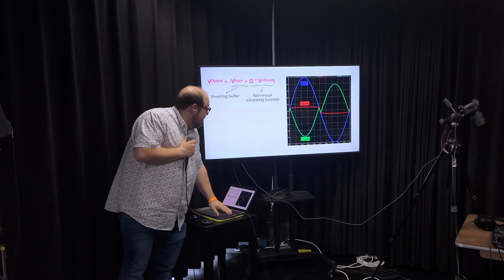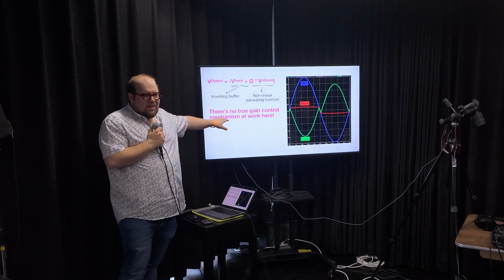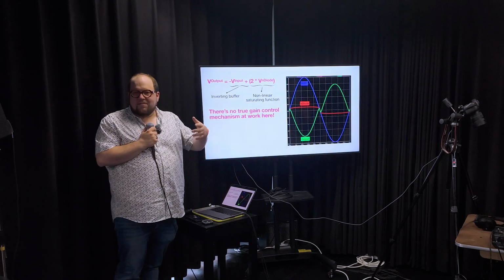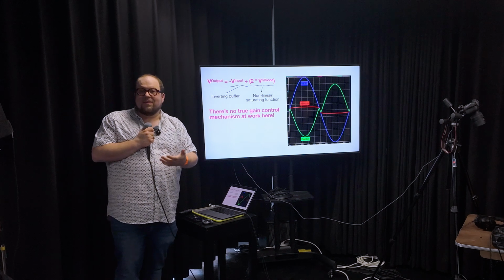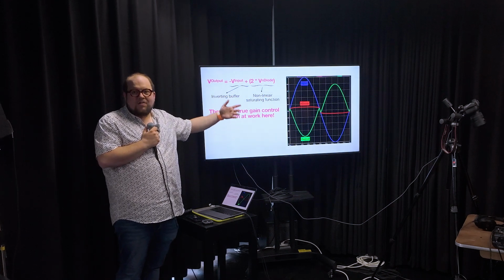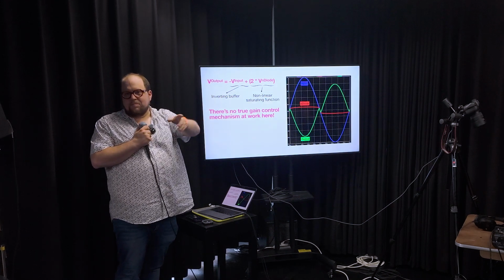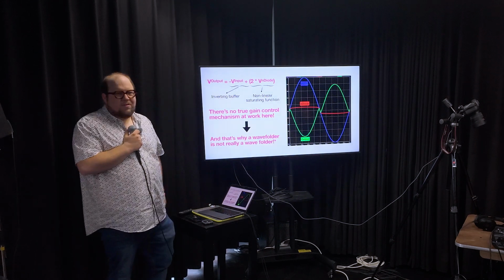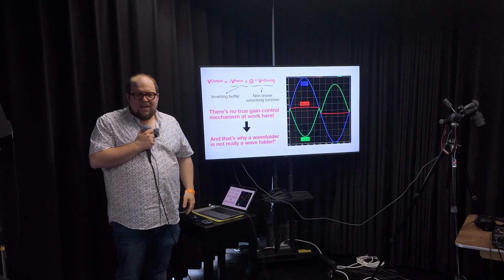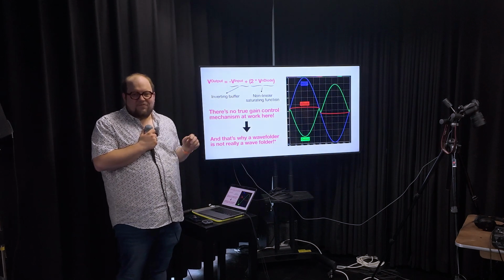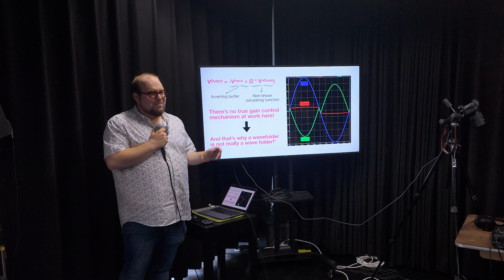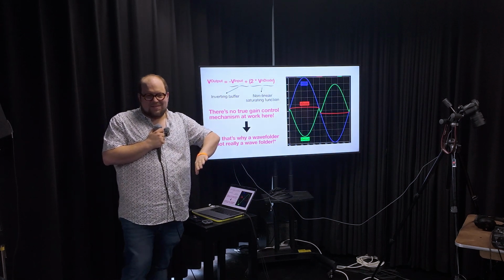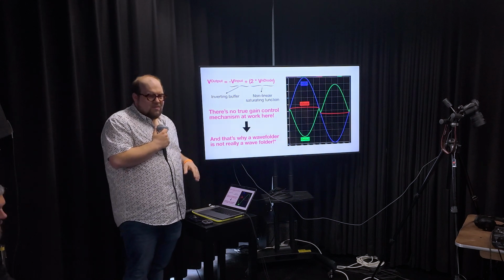And because this is a sum, I can say that there's no gain control at work, because if there were gain control, the formula would say output is something times input. And that's why a wavefolder is not really a wavefolder. It is a sum of a nonlinear function, and that conveniently makes it look as if the wave is being folded. Mindfuck.